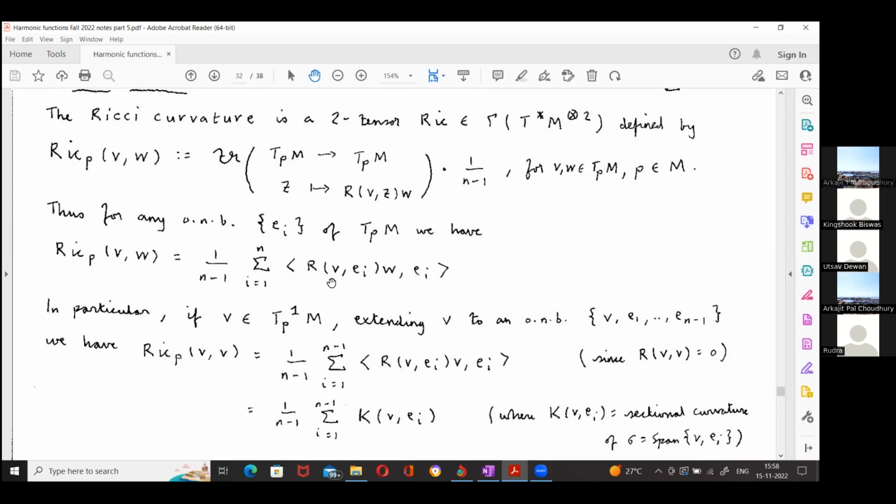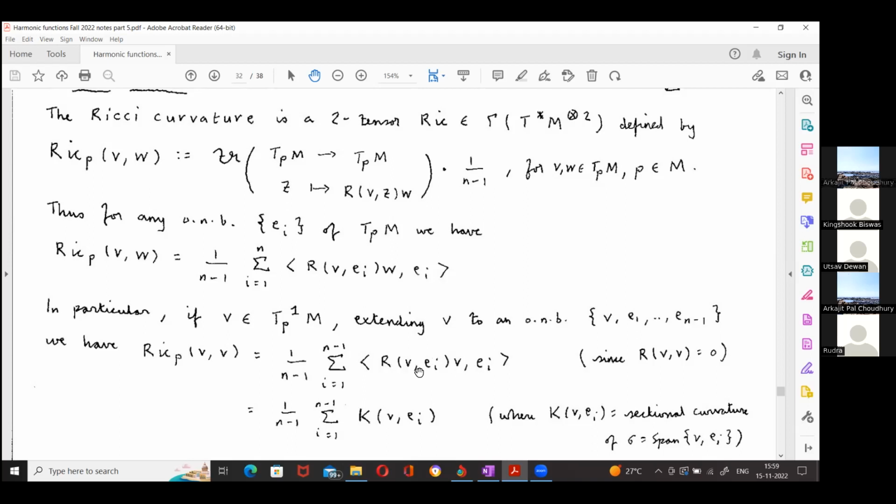Then in this sum, the first term, when the first element of the basis is V, R(V, V) is 0, because the curvature tensor is skew symmetric, alternating in its first two arguments. So the first term vanishes, and I just get the sum of the other terms, i from 1 to n minus 1. Is this clear?